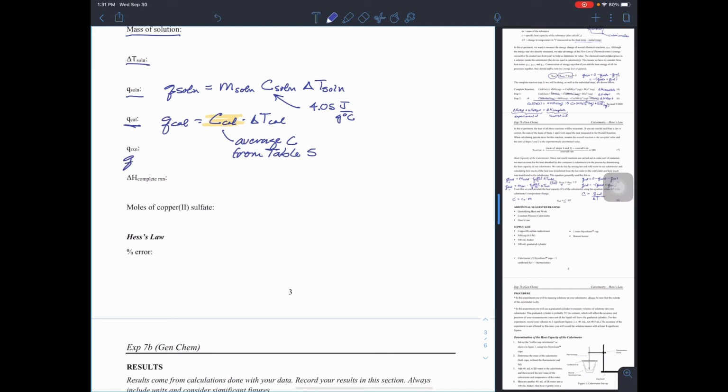So here Q reaction is equal to Q solution plus Qcal, and then change the sign. Okay, so that's going to give us an amount in joules.